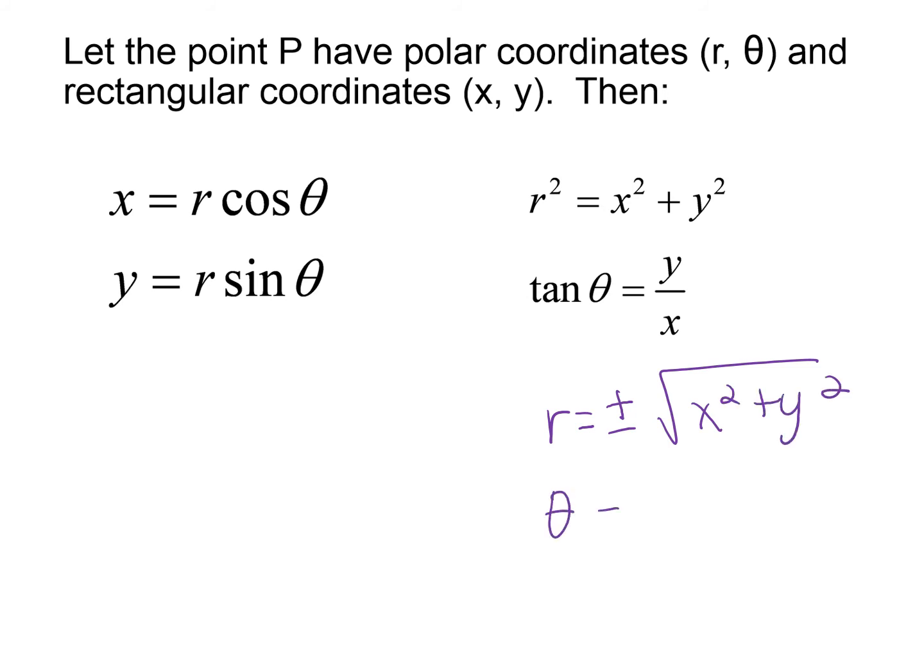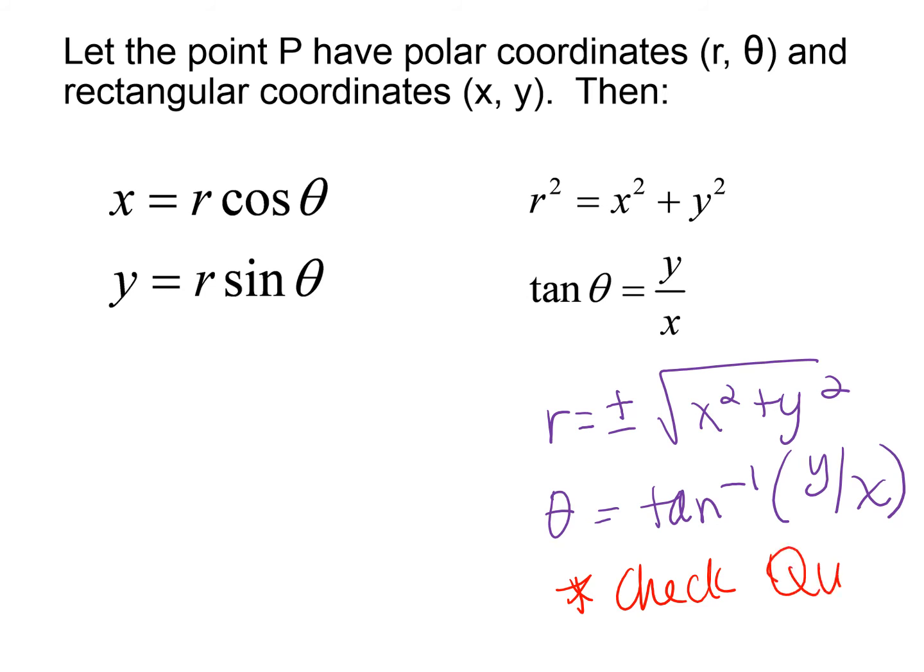And to find theta, we have to do inverse tan of y over x. And again, remembering to check your quadrant. If your angle is in the incorrect quadrant, adding 180 degrees or pi radians, depending upon what they are using to measure the angle, will give you then the correct quadrant.